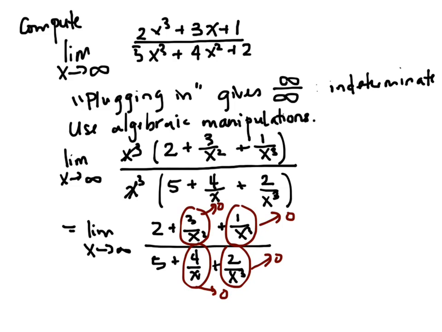So we see that when we plug into this limit, each of those pieces with a denominator of x all go to 0 as x gets very large. So we get left with just 2 over 5.